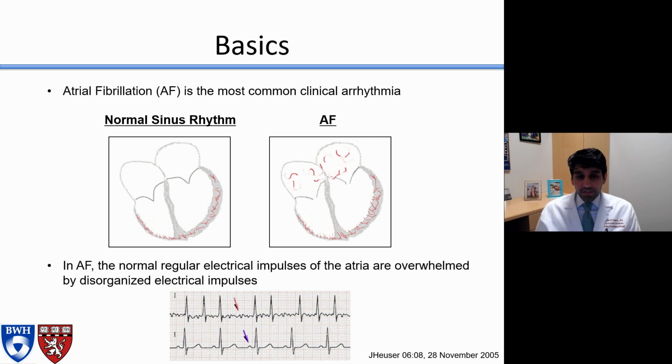This also results in irregular activation of the ventricle, as seen here by the irregular QRS complexes, which of course then results in an irregular pulse that one might feel on a physical exam, and the sensation of irregular heartbeat or palpitations that patients might feel.